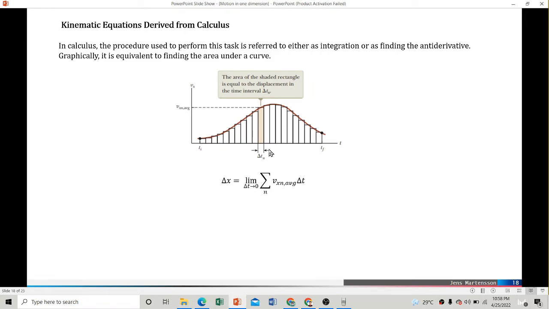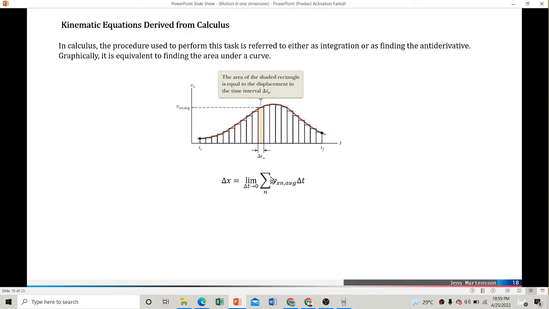Now, why is this the average velocity? It is to get the area under the curve in the velocity-time graph. Therefore, we sum up the rectangles that we created under this curve.